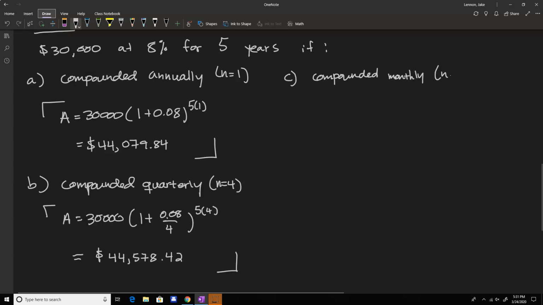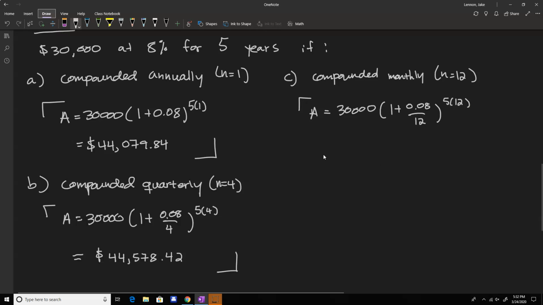For us that means n equals 12. It's going to be very similar to part B. Basically, we're going to use the same exact setup, just anywhere we had a 4, we're changing that to a 12 now. So 30,000 times 1 plus 0.08 divided by 12, raised to the 5 times 12.